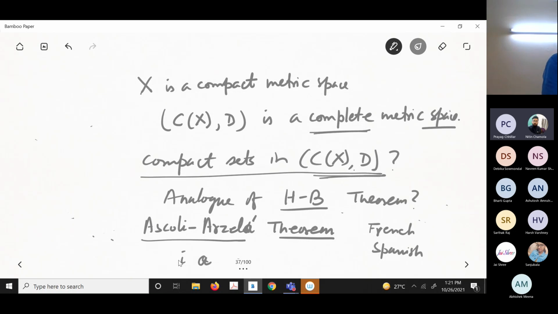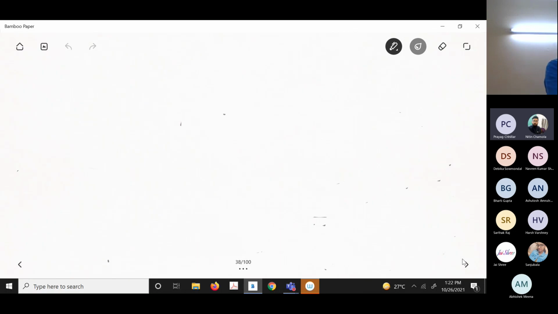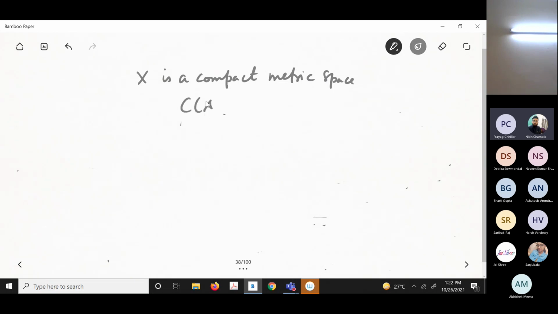So the Ascoli-Arzela theorem that I was talking about is an analog of the Heine-Borel theorem. First of all, suppose X is a compact metric space. I won't give you the proof on that. I am just explaining. That's the note I put, the typed note. You can see the proof. X is a compact metric space, and you are considering this metric space.